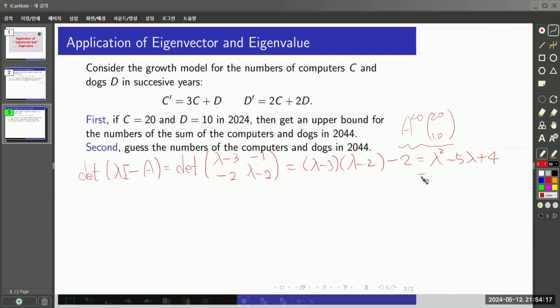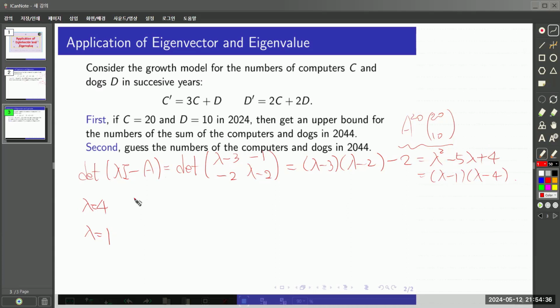So this is equal to (lambda minus 1)(lambda minus 4). So we have two different eigenvalues: lambda equal to 4 and lambda equal to 1.